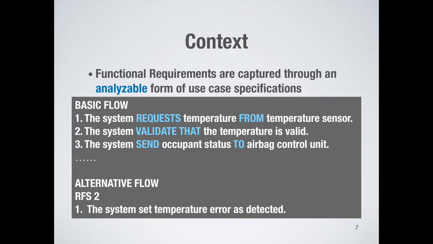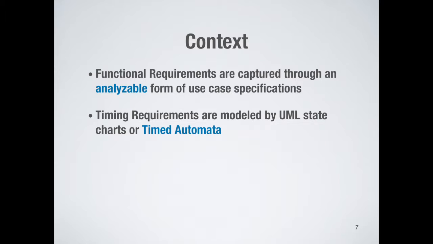Here the keywords are shown in capital letters and in blue. Secondly, the timing requirements are modeled either by UML state charts or timed automata. In this work, we choose to use timed automata.